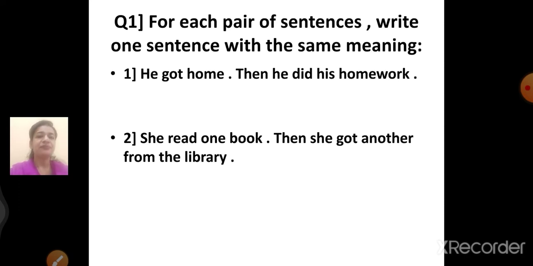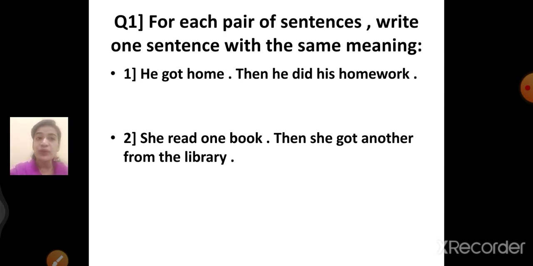We will start with the exercise. For that you have to read the heading to understand better. For each pair of sentences, write one sentence with the same meaning. Each pair of sentences means there are two sentences and you have to make it one without changing the meaning.